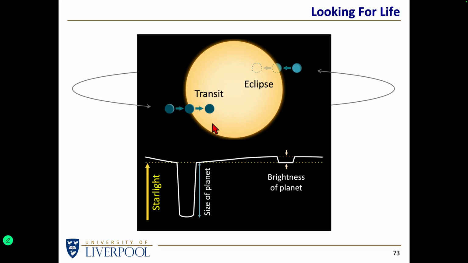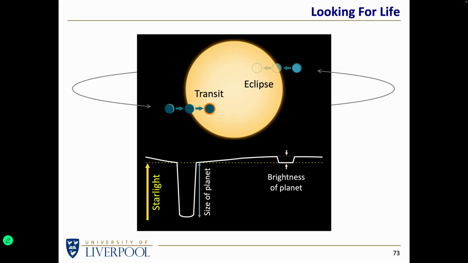But also, if we think of the planet going in front of the star, if the planet has got an atmosphere, some of that starlight will shine through the atmosphere, indicated by that orange ring here. And if there's any particular molecules in the atmosphere, they could absorb some of the starlight at some wavelengths characteristic of those molecules.